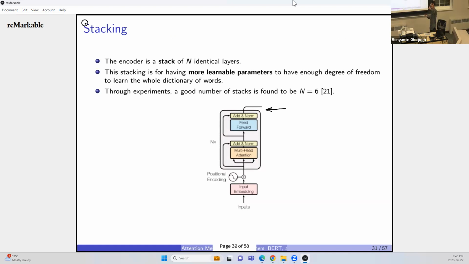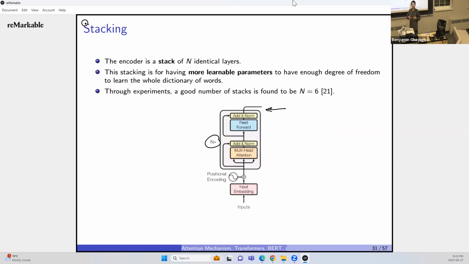However, we didn't talk about one thing in the encoder. That is this. What is this n times? We simply stack it n times. So we have n times of this. Why do we do that?